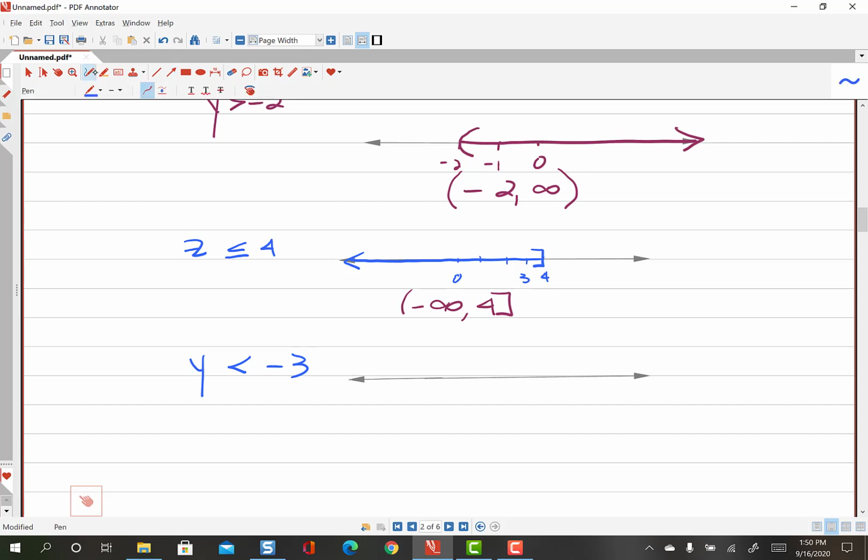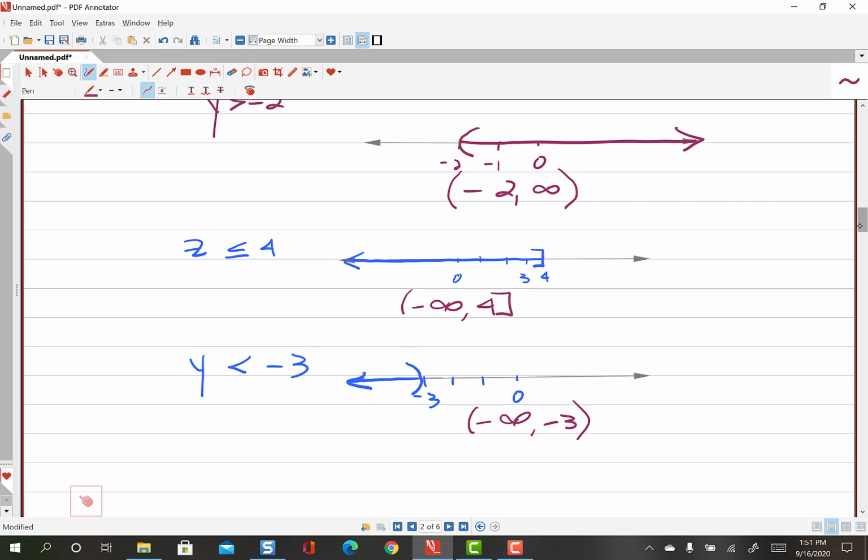Okay, so if this is at 0, -1, -2, -3, I'm going this way. Now, I want all the numbers before -3, but the -3 is not included. So in interval notation, this is going to look like from negative infinity up to, but not including, -3.